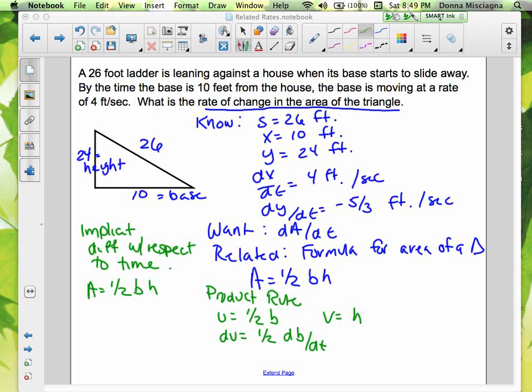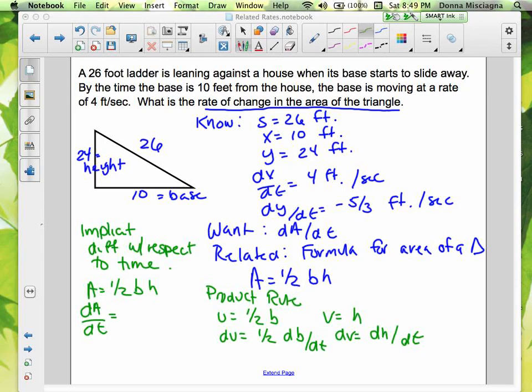The derivative of h would have just been 1, except it's with respect to time, so dv is dh dt. Here everything is changing, so we take the derivative of A, that would be dA dt. There's nothing staying the same in this one except for the ladder, but we don't use the hypotenuse to find the area of a triangle.